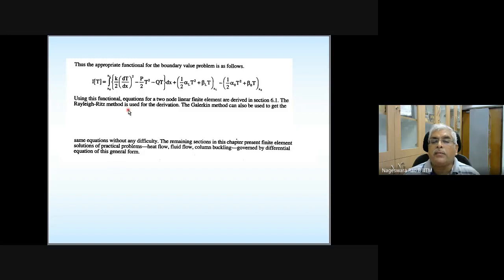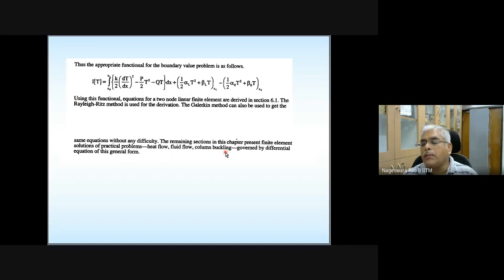As you have seen, we have used the variational method or Rayleigh-Ritz method. Instead of that, the Galerkin method also can be used to get the same equations without any difficulty. And once we derive the element equations, we can see solutions of practical problems like heat flow, fluid flow, column buckling.